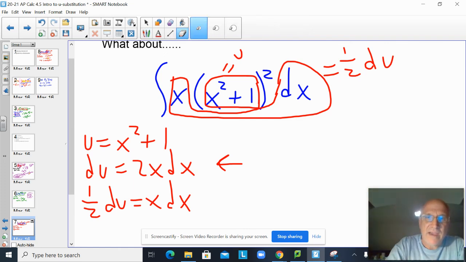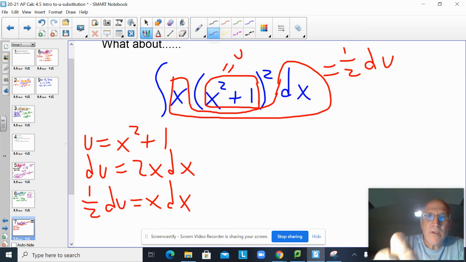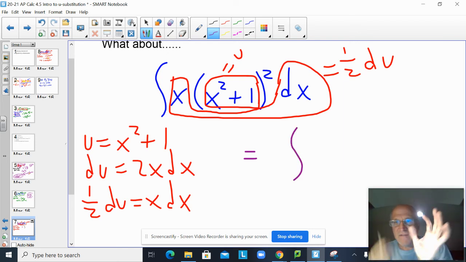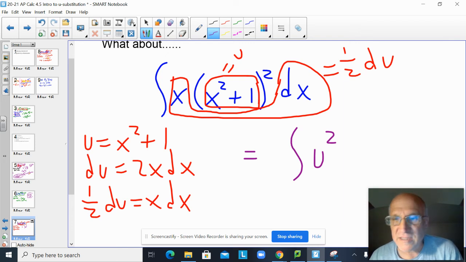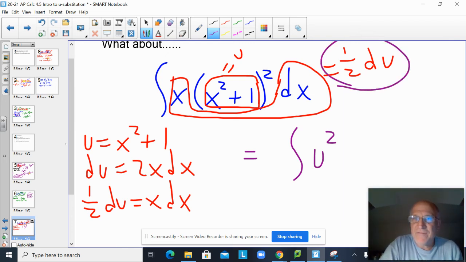Now let me get rid of this arrow so I can rewrite the integral up here. So now let's be careful with what this becomes. This becomes the integral. Instead of x squared plus 1 squared, I have u squared. But now what was left was the x dx, which we now said was 1/2 du. I'm going to use a shortcut.